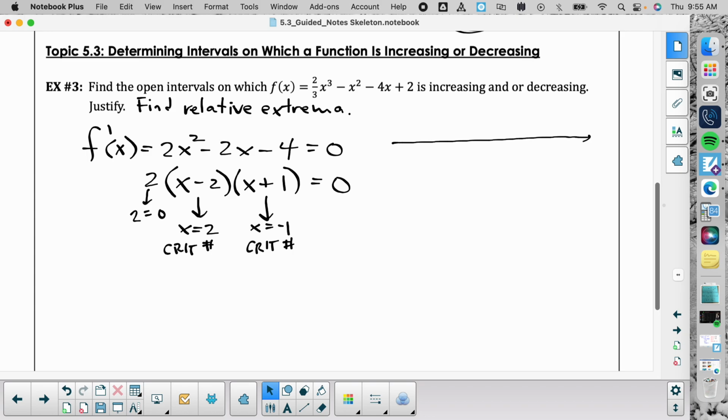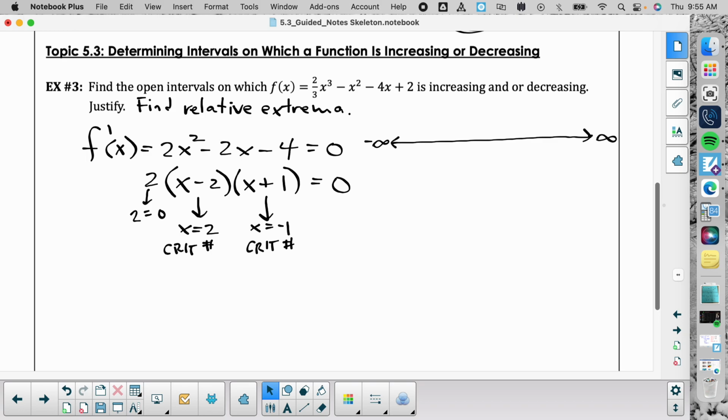Now, our number line for this one is negative infinity to infinity because that's what they didn't tell us. And we're going to draw sections. I'm gonna take my critical numbers that I found and put them on my number line.